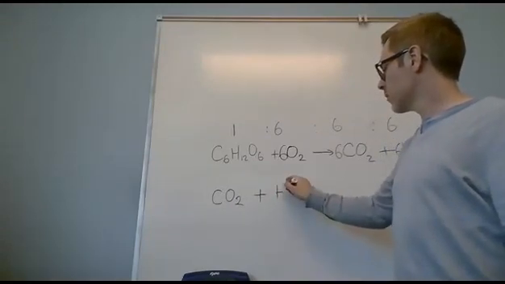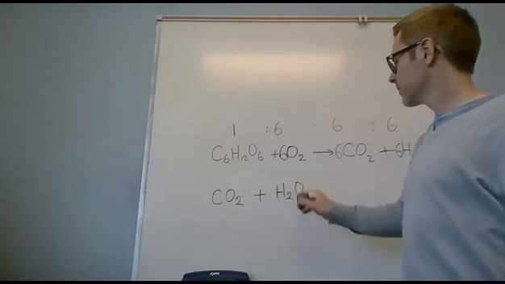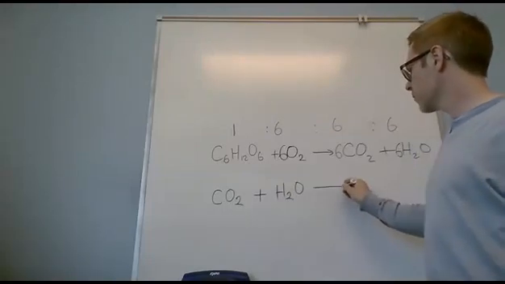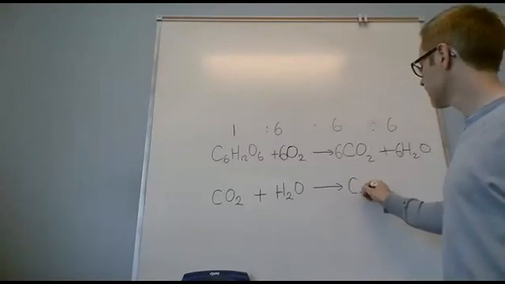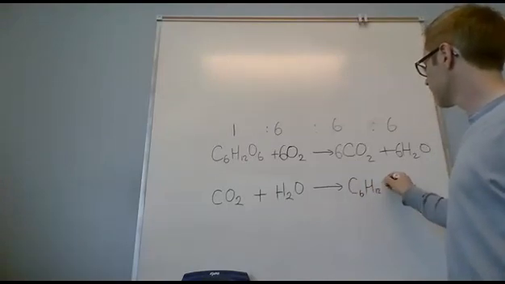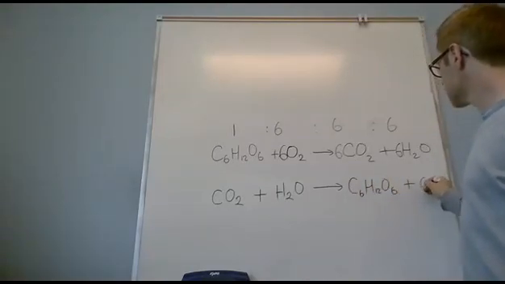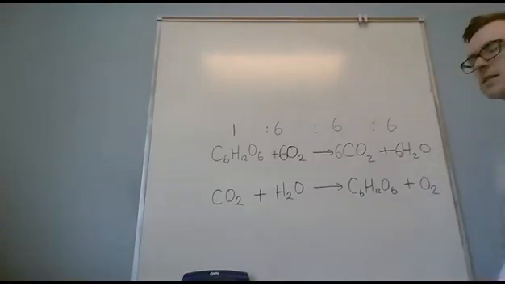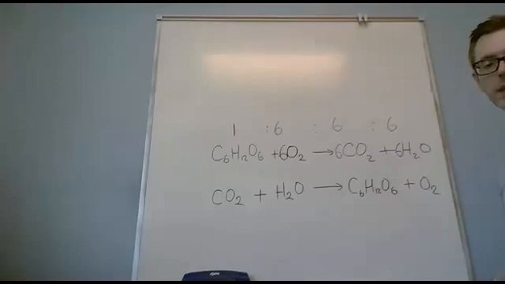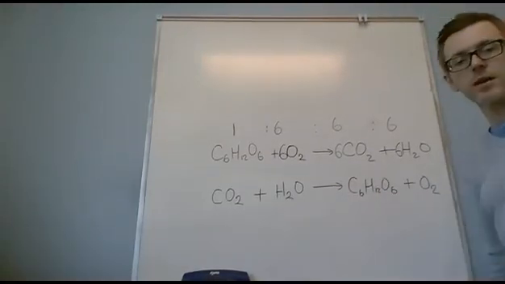and you have to water the plant, give it some water, and with the energy of sunlight, it will construct glucose and give us oxygen to breathe. So photosynthesis is the opposite of cellular respiration. Plants do one thing, animals do the other.